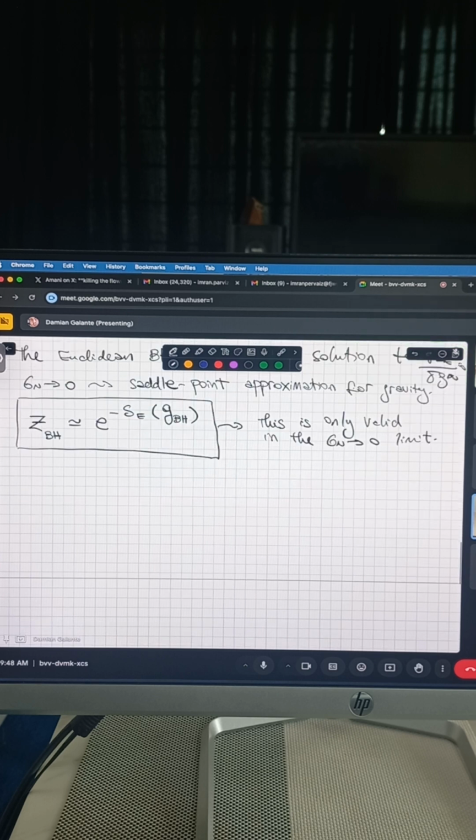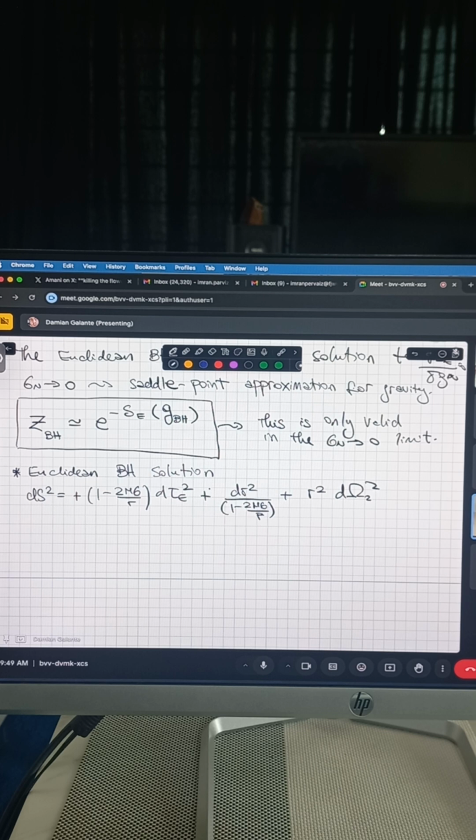So then let's bring the black hole metric back into the game, because so far we haven't talked too much about the Euclidean black hole solution. So this is ds squared equals minus (1 minus 2MG over r) d tau Euclidean squared, with a plus here, plus dr squared over (1 minus 2MG over r), plus r squared d omega squared.